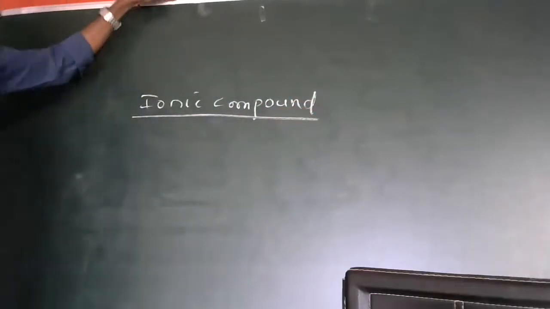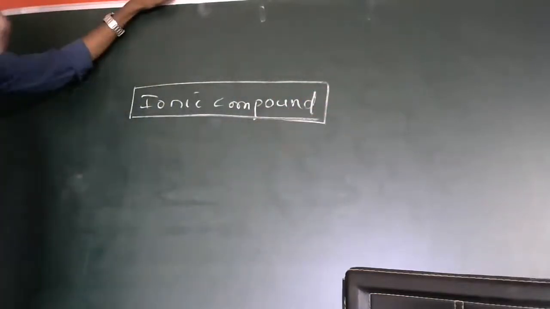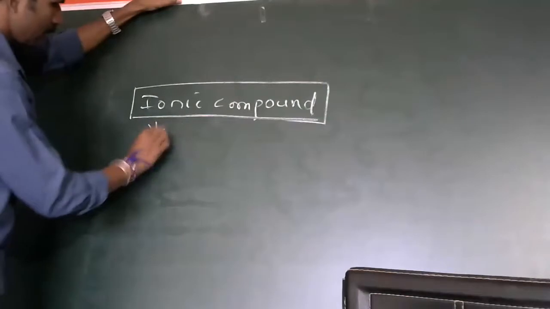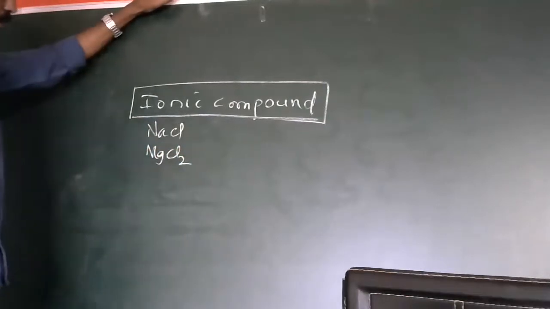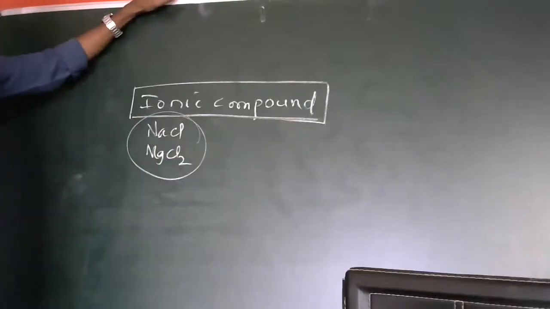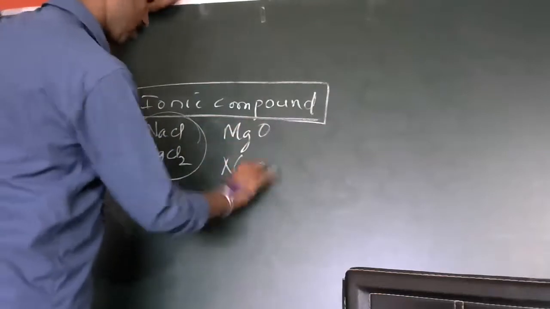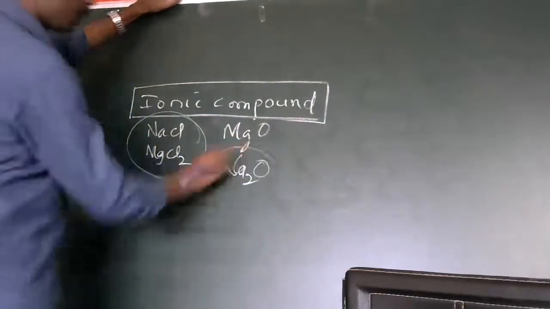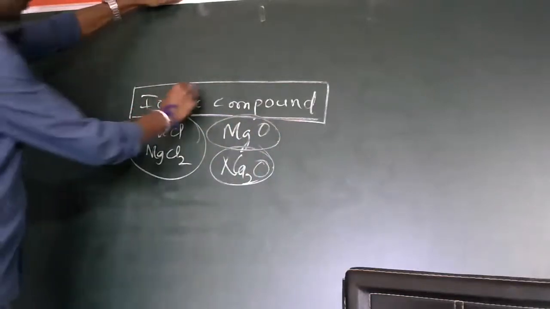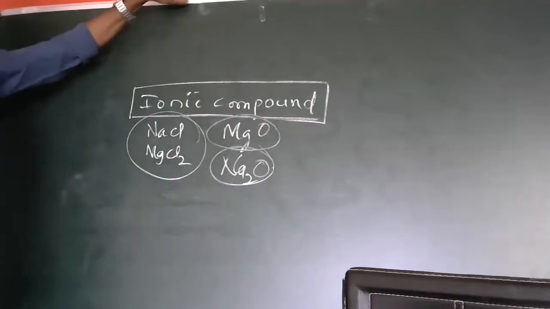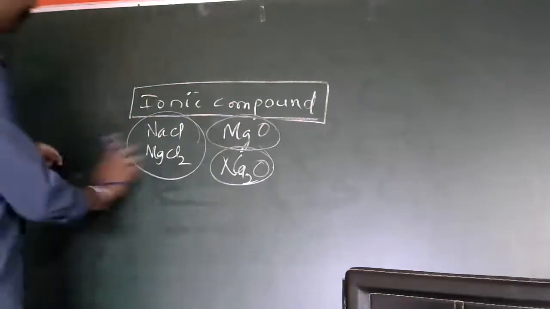Ionic compounds are the compounds which are formed by ionic bond, NaCl or MgCl2. These are the two compounds we take. Many examples can be given: MgO, Na2O. So these are ionic compounds. Very simple. What are the properties of ionic compounds?